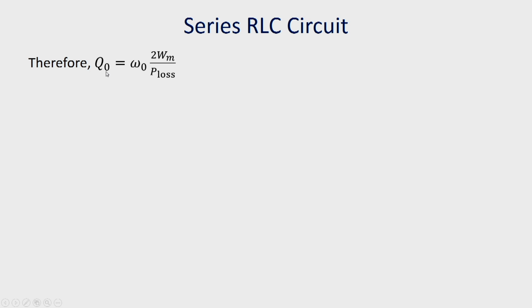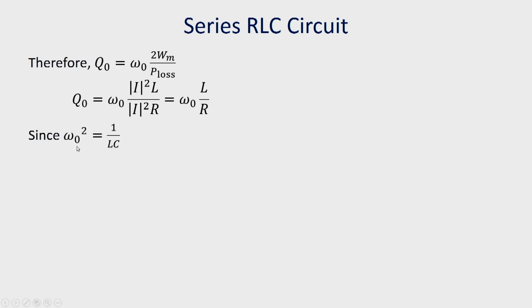So, Q naught is omega naught 2 W m divided by P loss, and when we substitute the terms related to the energy stored in the inductor and the power dissipated in the resistor, we get Q naught equal to omega naught L by R, and since omega naught square is equal to 1 by LC, we can also write Q naught is equal to 1 by omega naught R C. We can substitute L equal to 1 by omega naught square C, and then we will get this term.